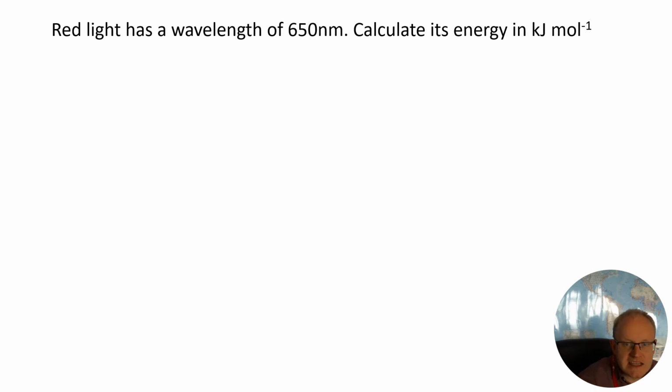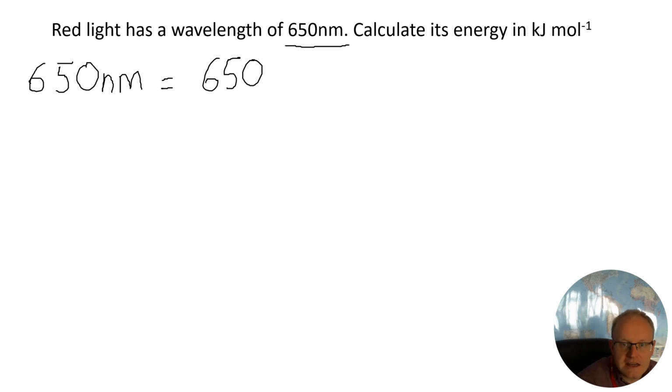So what this means is 650 nanometers is the same as 650 times 10 to the minus 9 meters. And to go into our equation, it needs to be in meters, not in nanometers. So we have to convert from nanometers into meters.